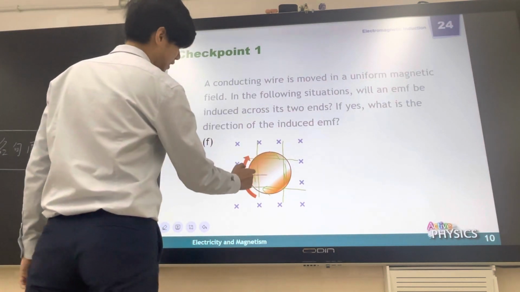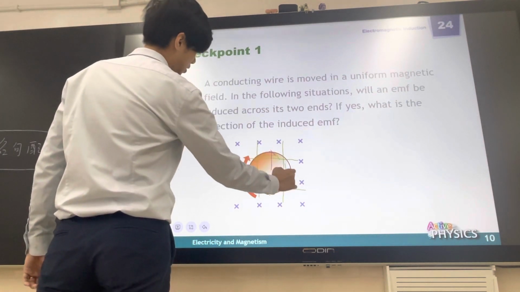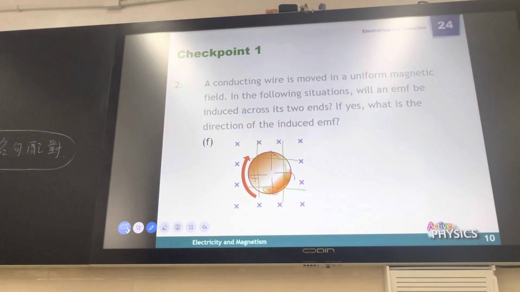Then you will find that the current is already from the center to the edge. Okay? It's always from the center.